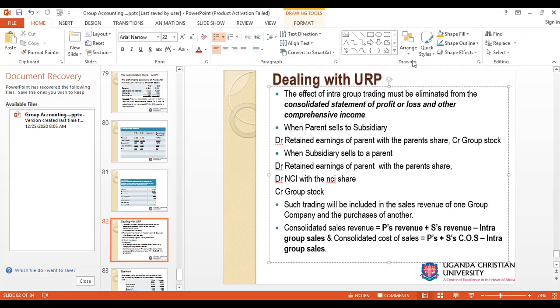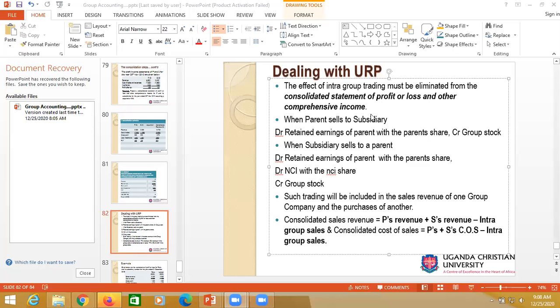For example, we have the parent selling to the subsidiary.